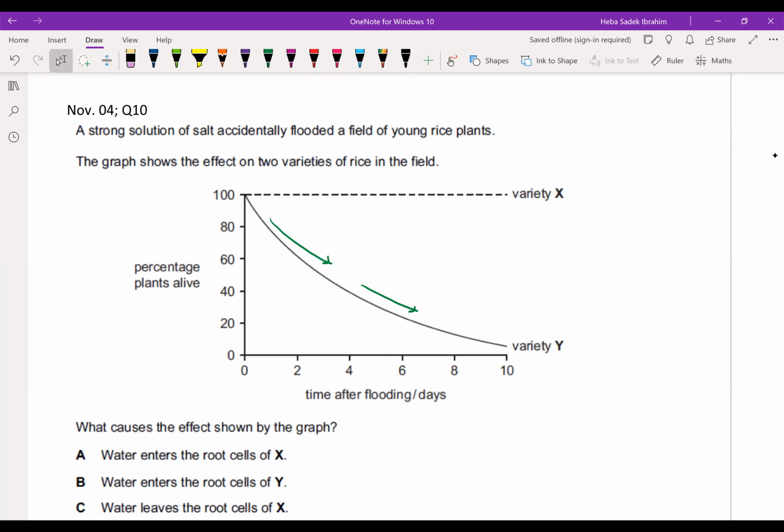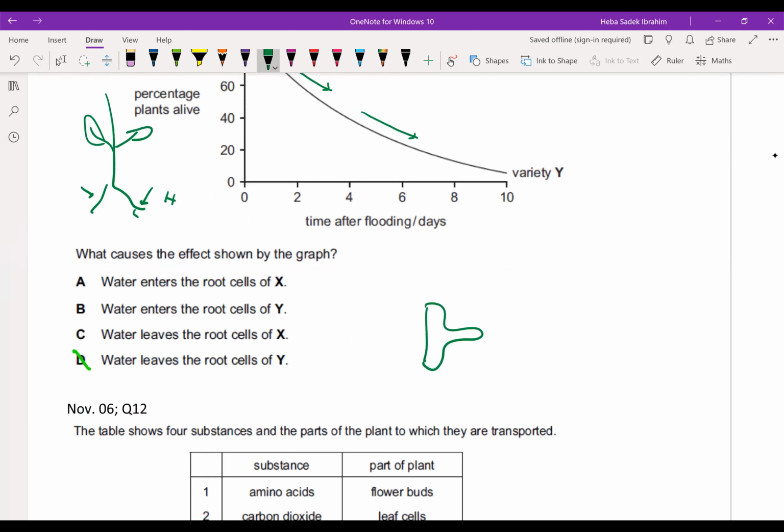ليه؟ Because for plant Y لما حصل salty solution ده the plant has been losing water. ازاي losing water؟ أفكر حضراتكم إن إحنا كنا بنقول water enters into the root hair cell by osmosis. من ال high water potential برا لل low water potential inside the plant. فلو أنا عندي salty solution حوالين ال root hair cell، بقى زي ما يكون برا عندي concentrated salt solution. فبقى concentrated solution يساوي ايه؟ low water potential. فعندي low water potential بره و high water potential inside the cell, so the water is going to start to move outwards.